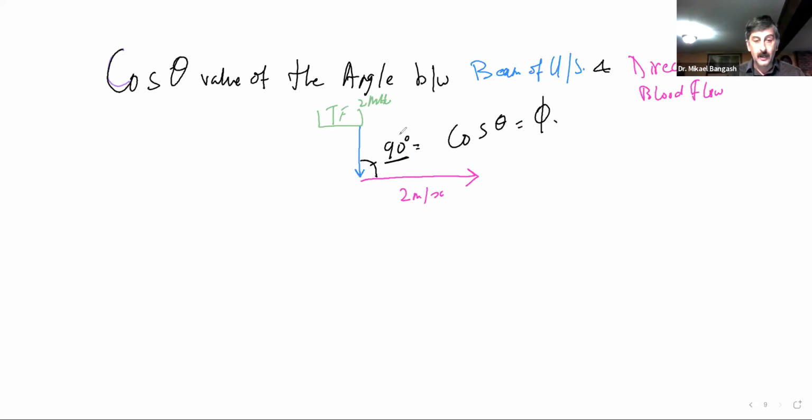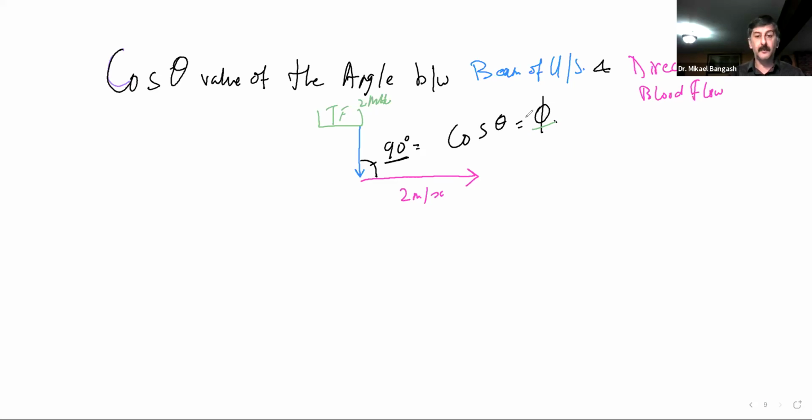No. 90 degrees is the angle. That 90-degree angle has its own cosine theta value, which in this instance is going to be 0. Did you guys get that?